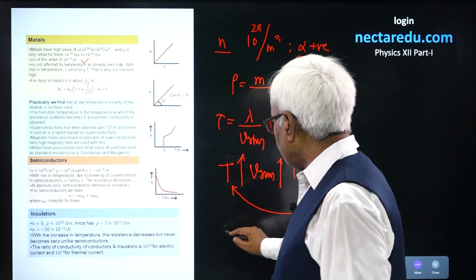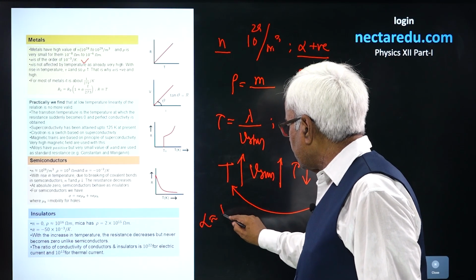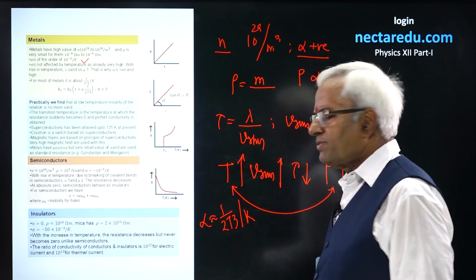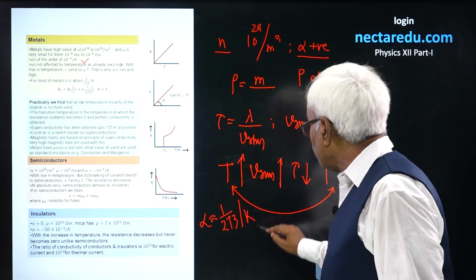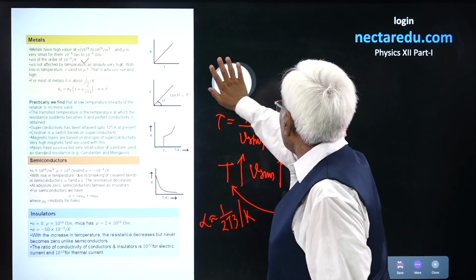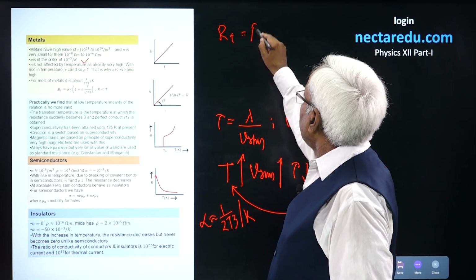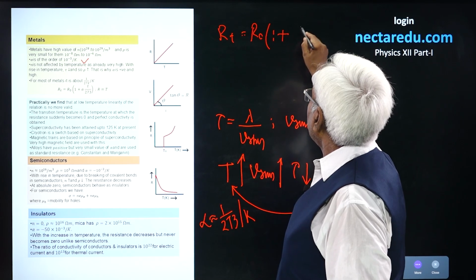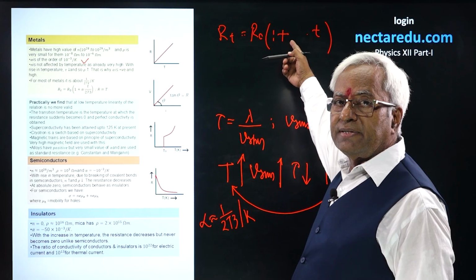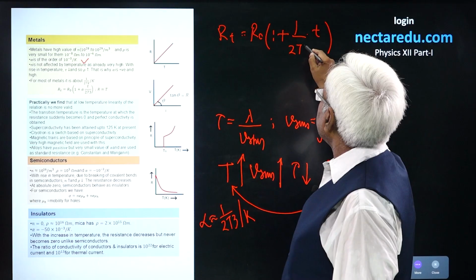R_T equals R_0 (1 plus alpha T). But for most metals, practically we find alpha comes out to be of this order. If we put this value in the relation R_T equals R_0 (1 plus alpha T), where alpha should be written, I am writing 1 upon 273.